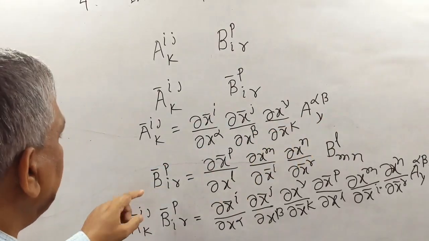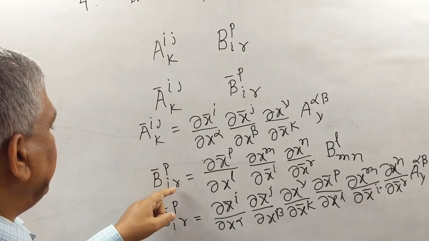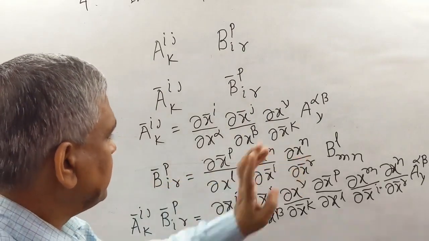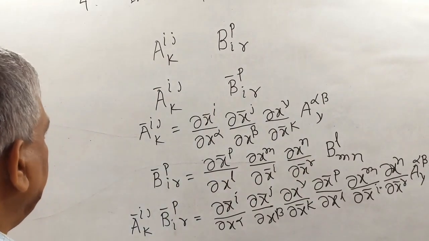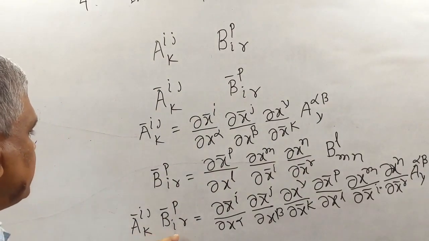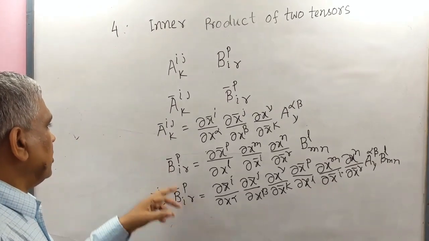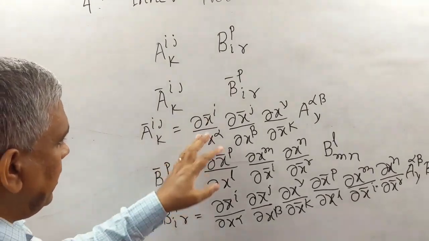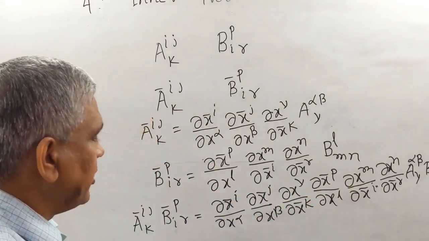Similarly, B bar pir is equal to this. If we take the product of two tensors, this and this are on the left hand side and these are on the right hand side.